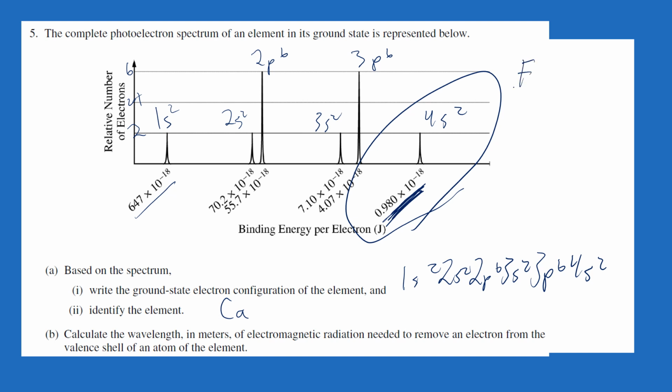So the equations, they are on your formula sheet. E equals hv. E is, they told us, 0.98 times 10 to the negative 18. h is Planck's constant, 6.63 times 10 to the negative 34th. Again, that's on your formula sheet. You don't have to remember it.